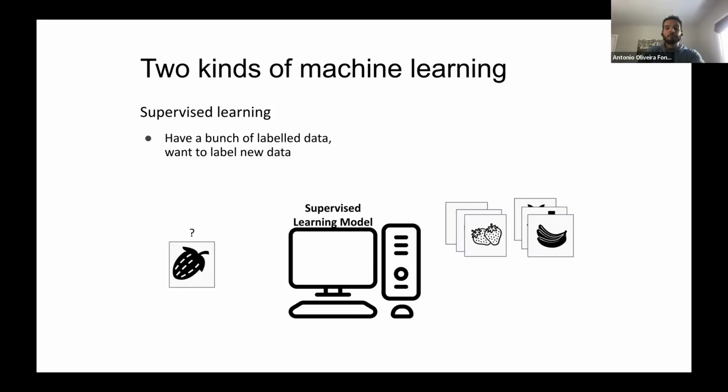Very well. Now, where things go wrong with machine learning. Right now, I'm giving you what I believe is a nut. I think that's the nut from the squirrel from the Ice Age cartoon. But if I give that sample to the supervised learning model that we just trained with bananas and strawberries, what do you think is going to happen?